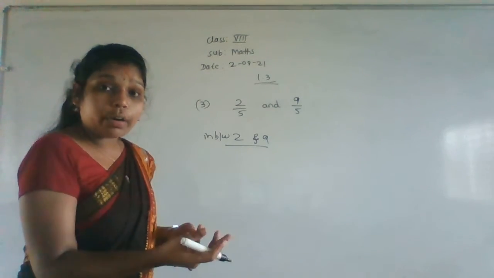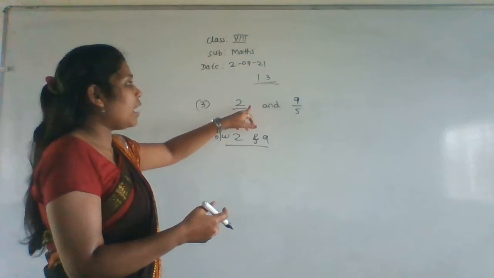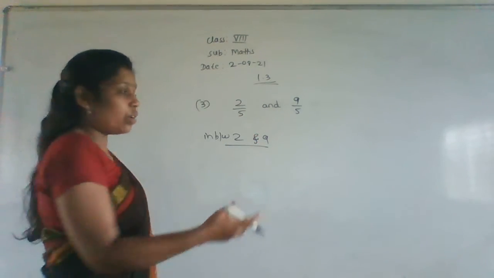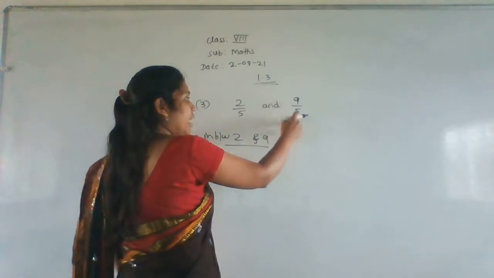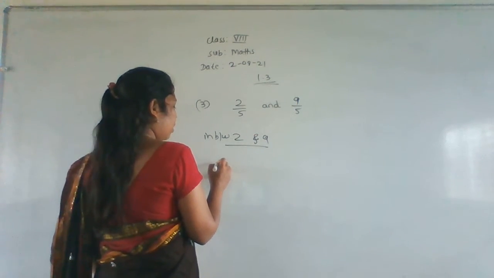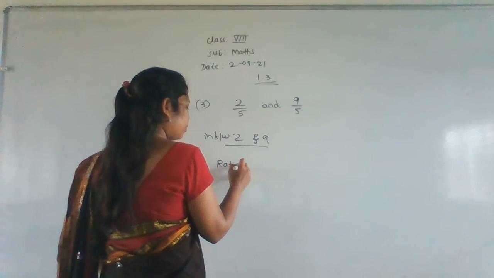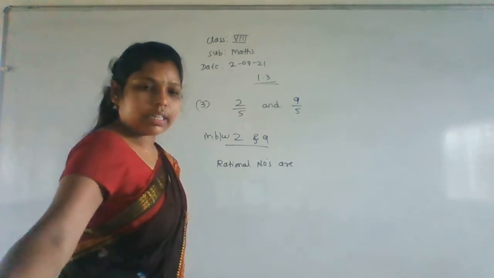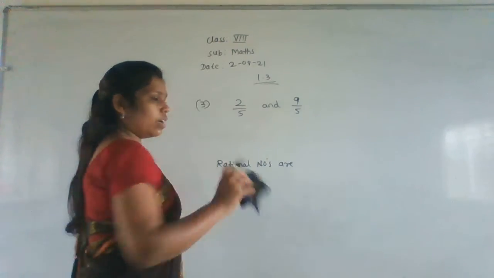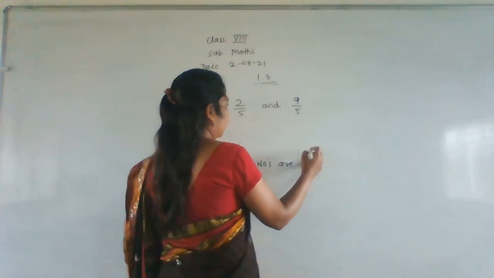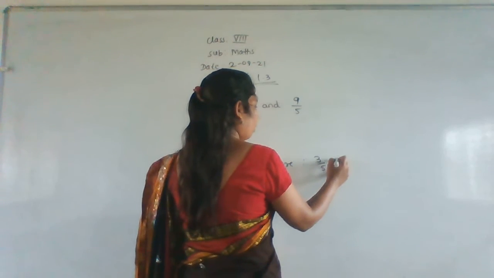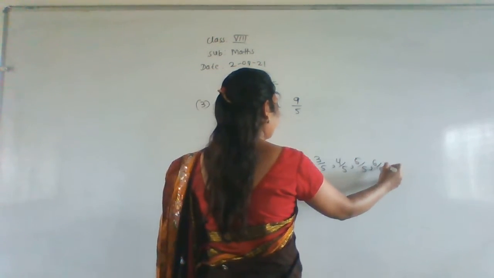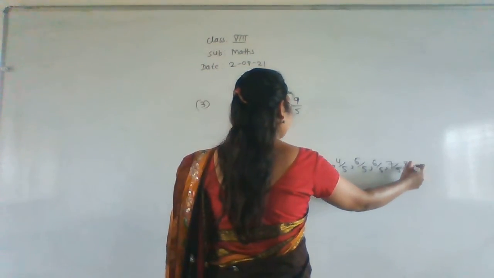If we want some more, then again multiply both the numerator and denominator with the same value, then find the rational numbers. Okay? So in between 2 by 5 and 9 by 5, the rational numbers are 3 by 5, 4 by 5, 5 by 5, 6 by 5, 7 by 5, 8 by 5.